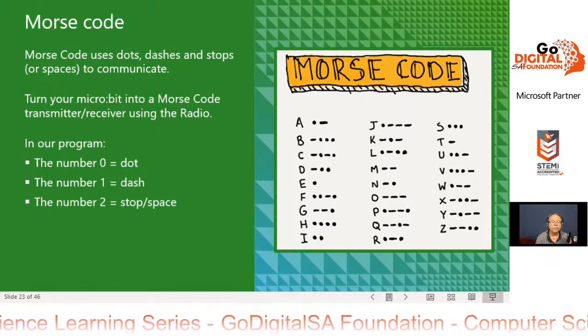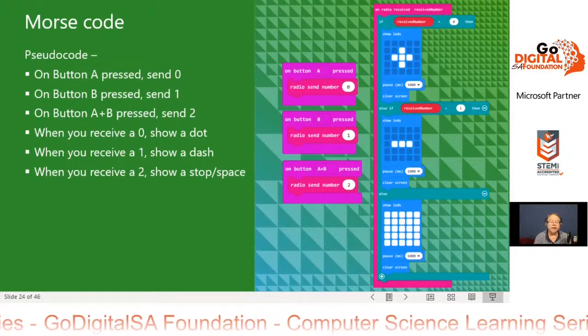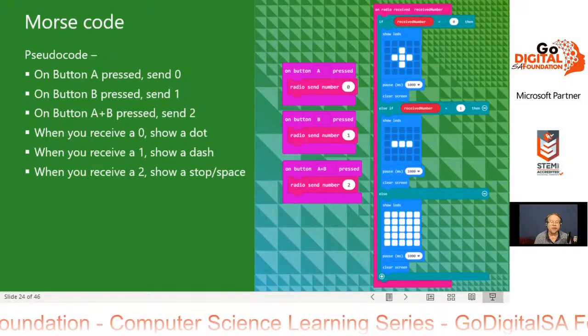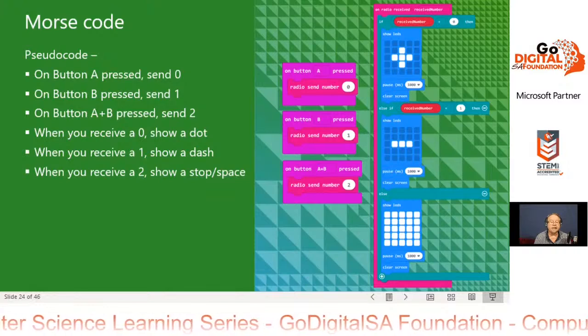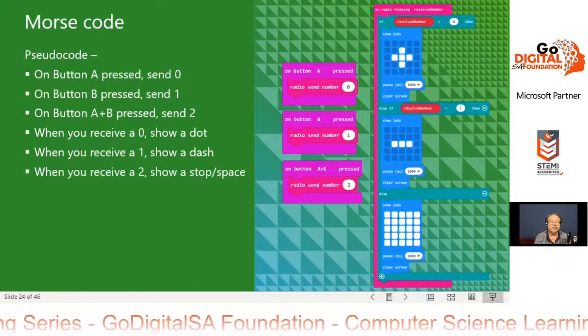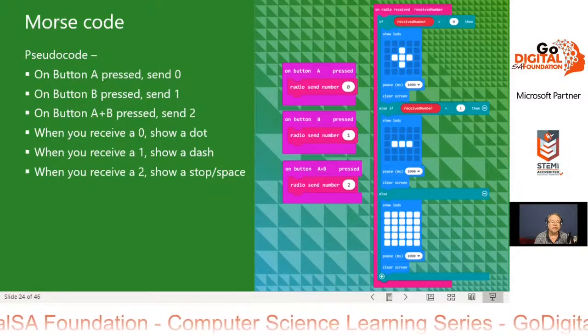So in our pseudocode, if you press button A, it sends a 0, which we're saying is a dot. If you press button B, that's a dash, it sends a 1. And if you press both A and B, it sends a 2, and that's interpreted as a space.